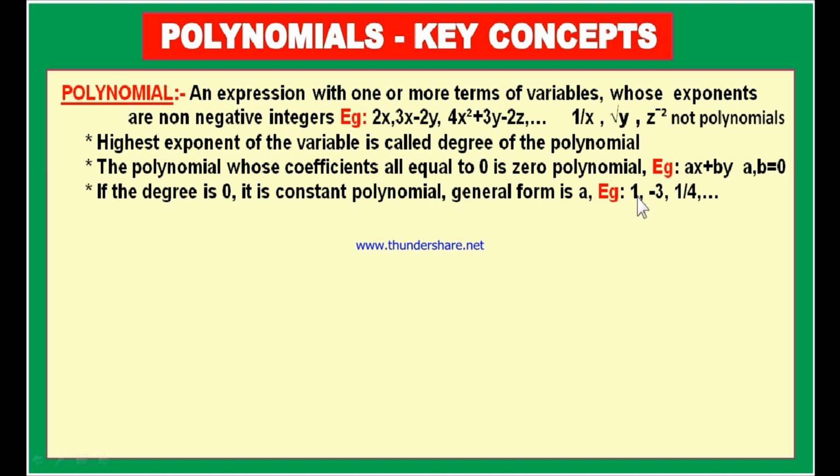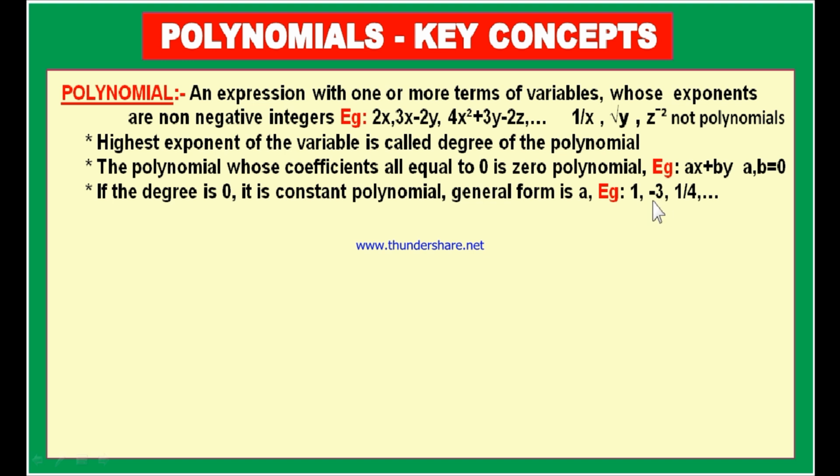You can write 1 as 1 into x power 0. Isn't it? 1 into x power 0 is nothing but 1 only. X power 0 is nothing but 1. Since x power 0 is there, the degree is 0. Since the degree is 0, it becomes a constant number.